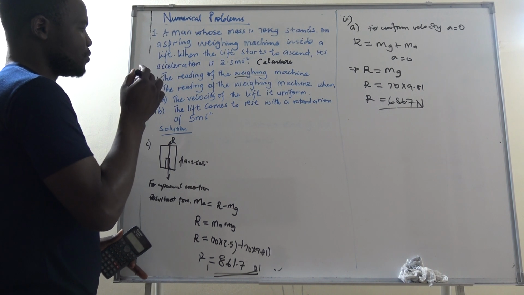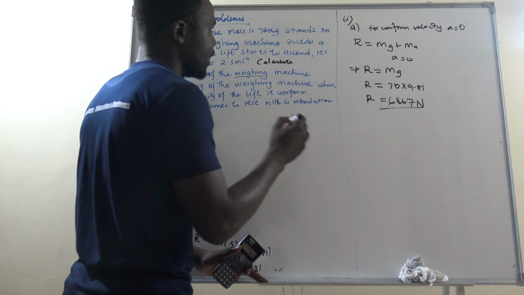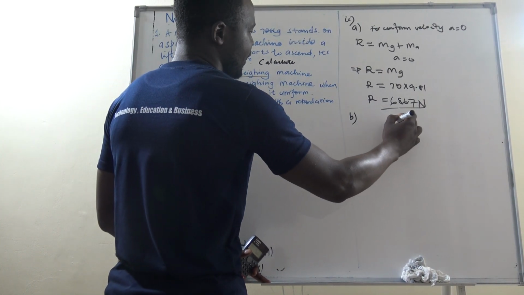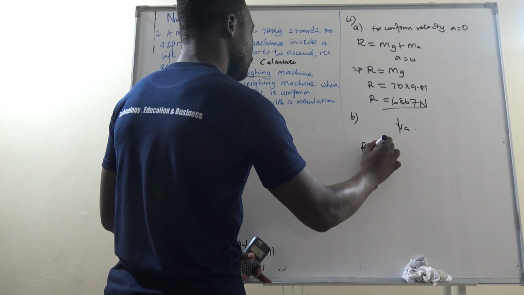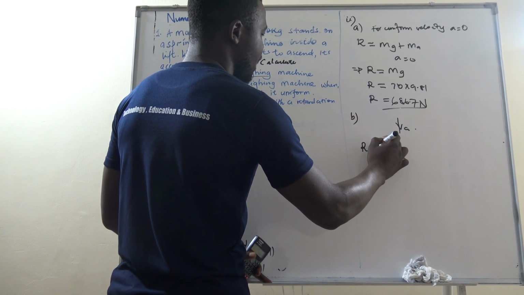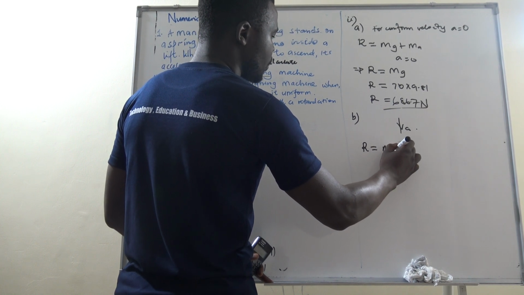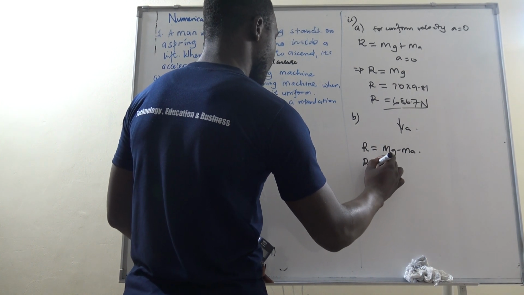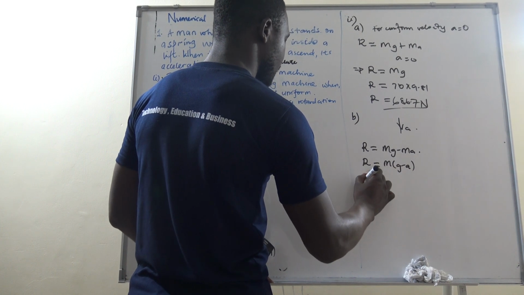Now, the lift comes to rest with a retardation of 5 meters per second squared. When does the lift come to rest? It means that it is moving downwards. And we realize that for downward motion, the reaction is equal to mg minus ma. Therefore, R is m into g minus a.